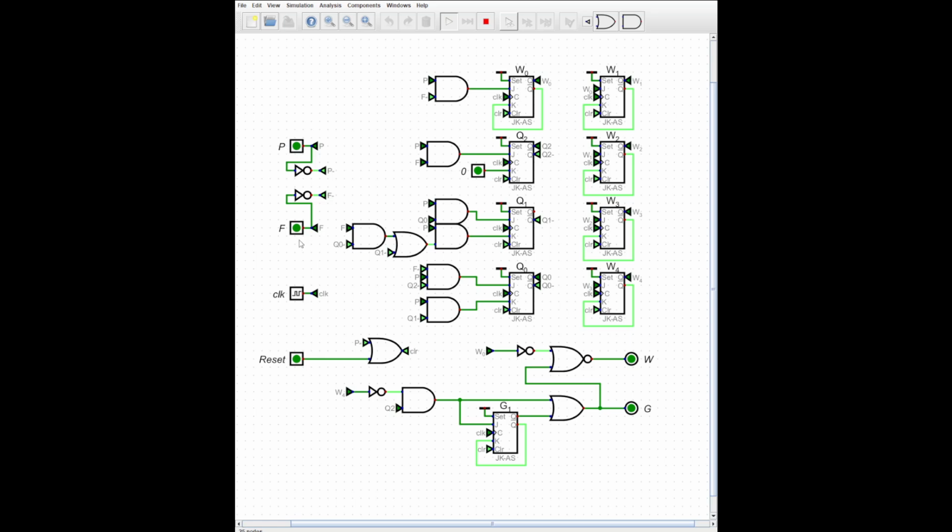So here's the P and F inputs. P naught here, as I mentioned before, is directly connected to the reset, which triggers the clear. So anytime P naught is active, clear is active. Here's the W for the warning alarm, G for the gate.